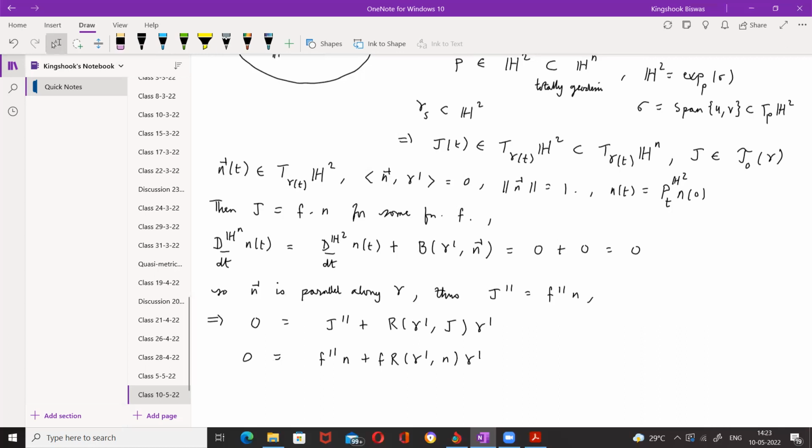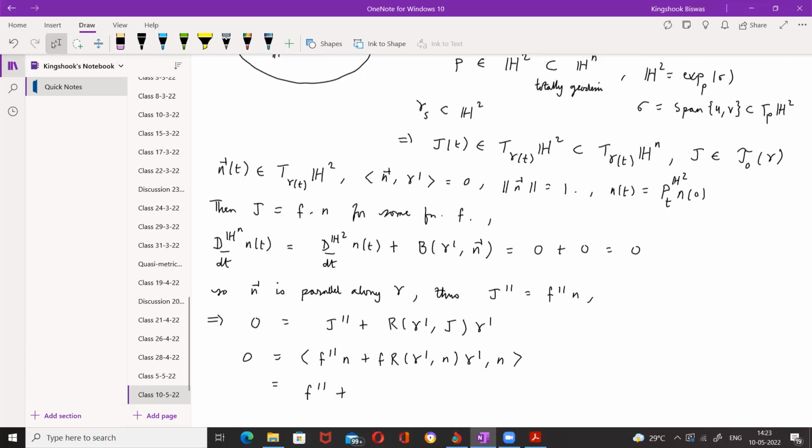And now I want to use that the sectional curvature is constant, equal to -1. So I take the inner product of this with N. The first term becomes just f double prime. And the second term becomes what?